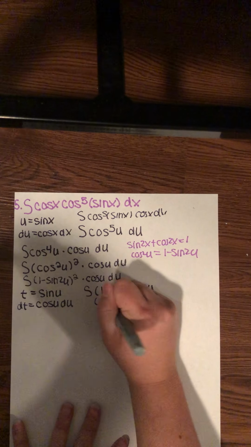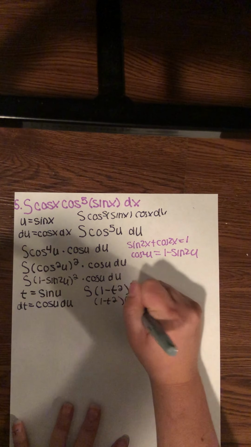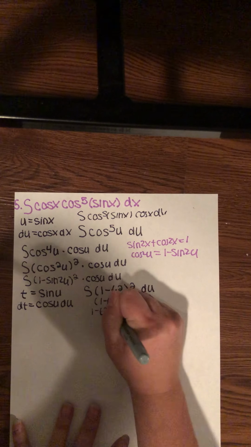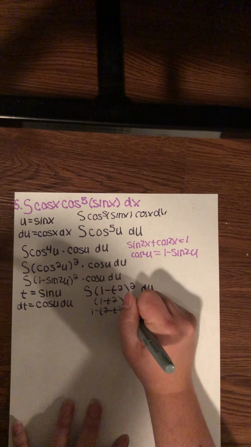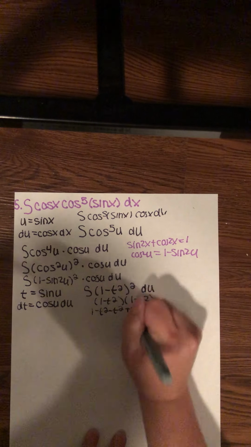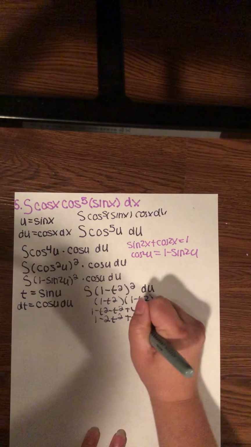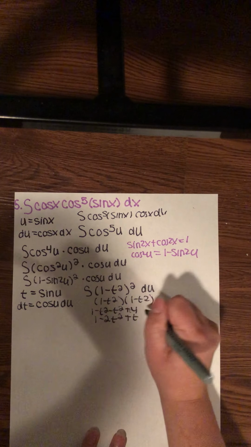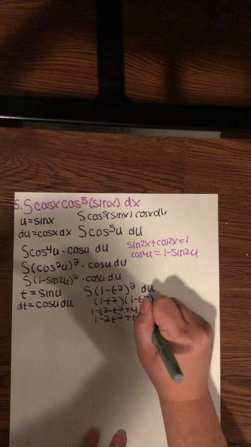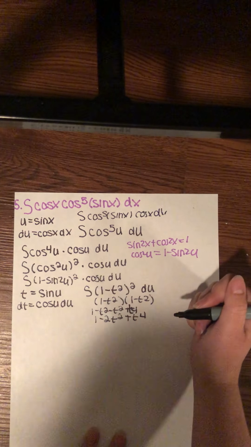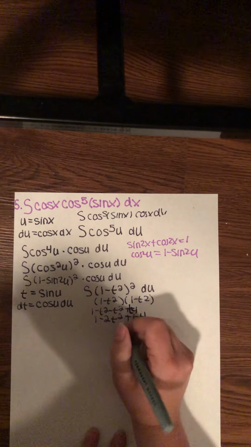And we're going to FOIL, because it's squared, which would be 1 minus 2t squared plus t to the fourth, since t squared times t squared is positive t to the fourth.